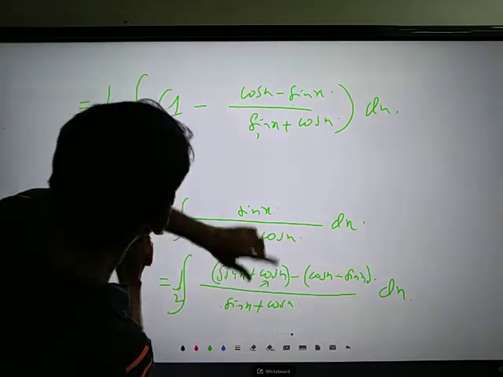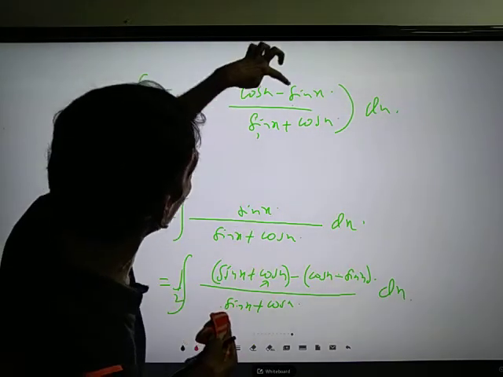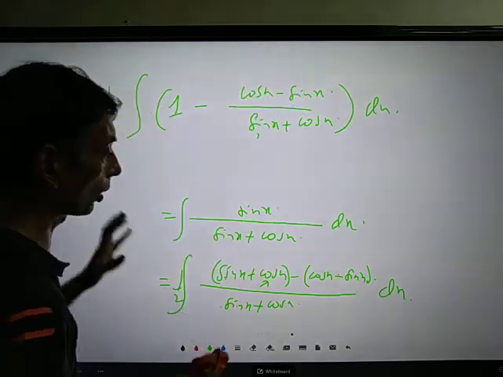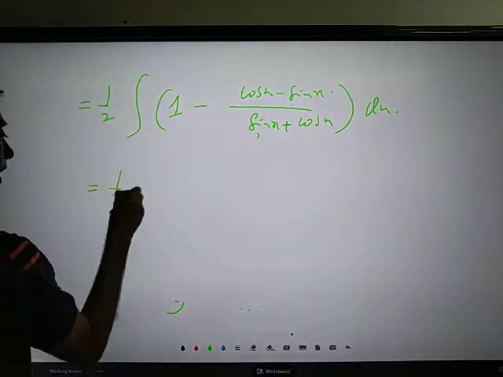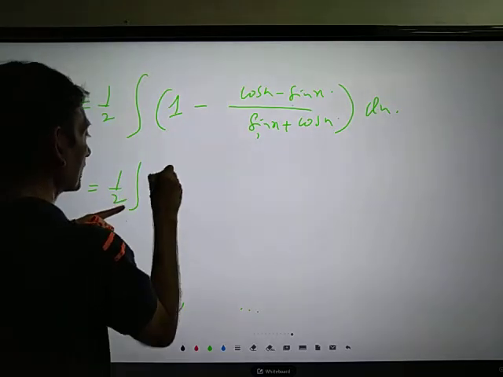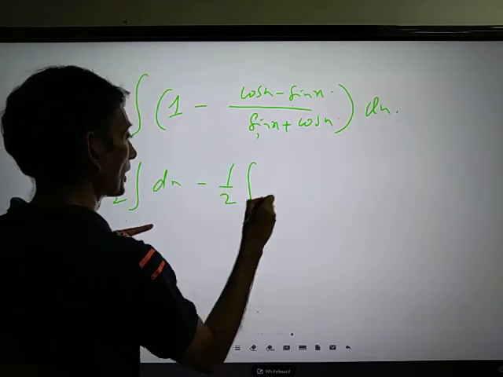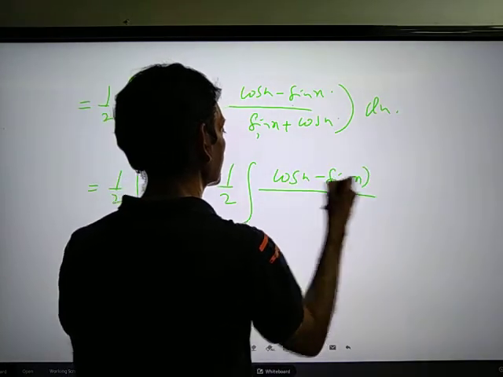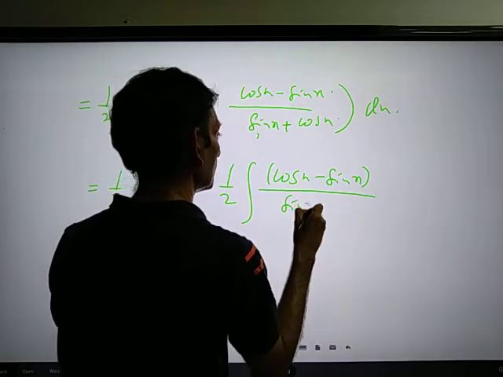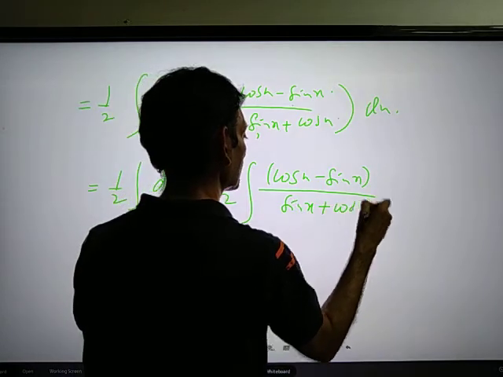If you divide this one by this, it's 1, and you divide cos x minus sin x by sin x plus cos x. So this is half, 1 into dx is dx, minus half, cos x minus sin x over sin x plus cos x.